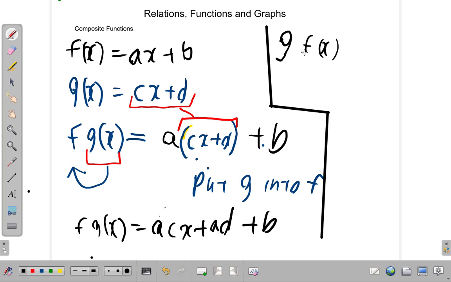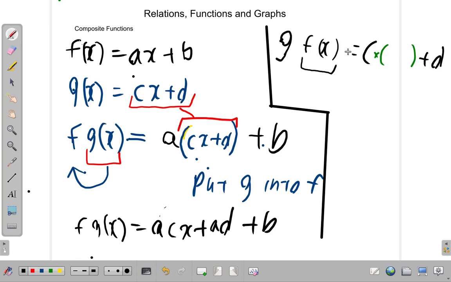Now, it's going to be g of this that we want. So, g of f of x. G of whatever it is, c times that thing. Let me put it in bracket, whatever I'm going to put here. C times that plus d. You see that? Plus d at the end.